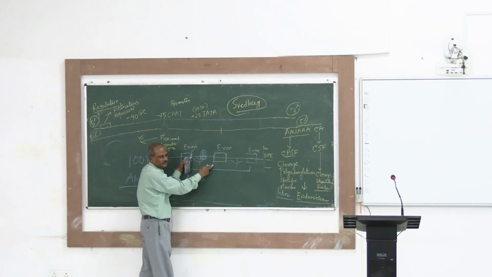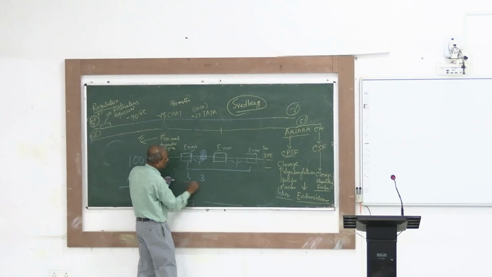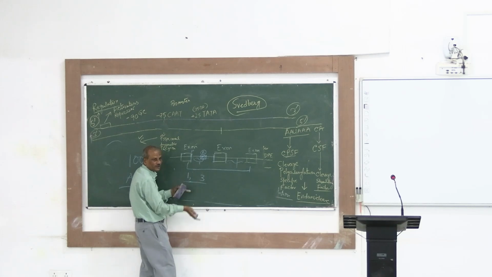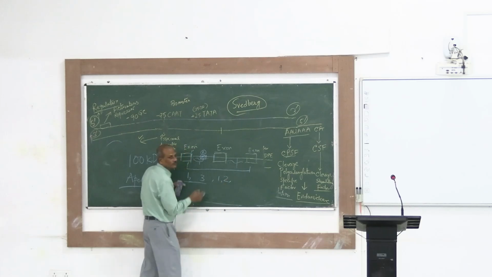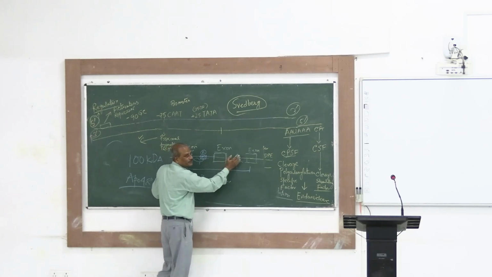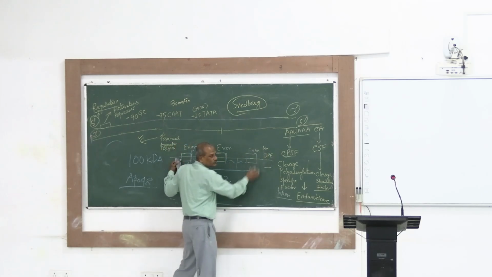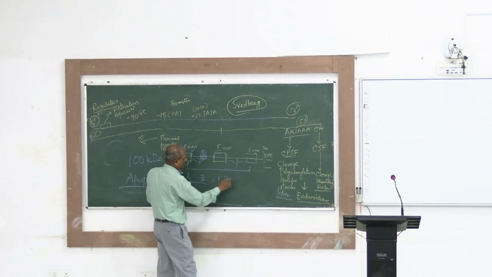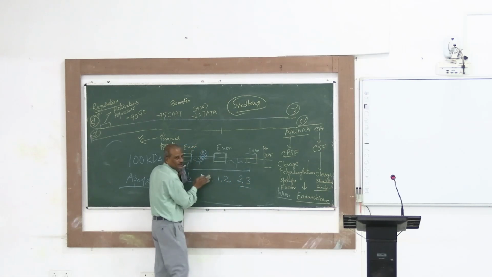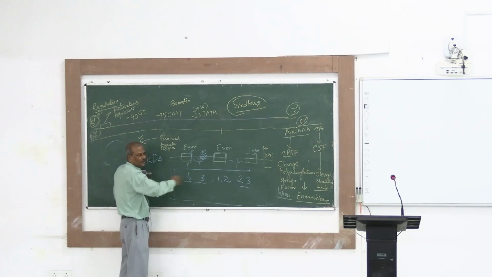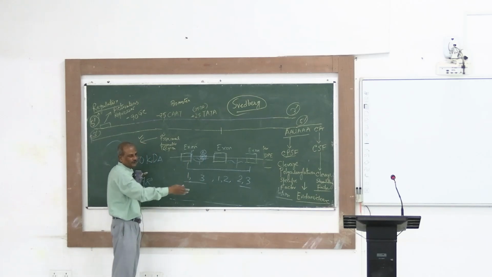It is possible. So, 1, 3 joining will produce altogether a different protein. Similarly, 1, 2 can be done also. This part is clipped and the fourth one is joined together. Again, 2, 3 can be also there. Just for an understanding I am telling you. So, in multiple combinations it can happen.